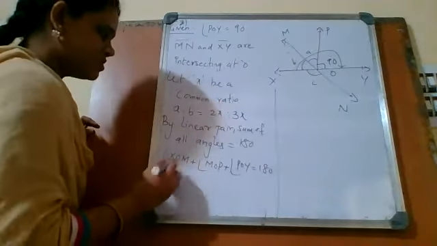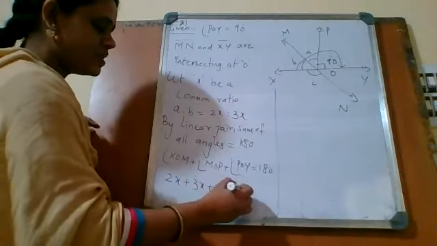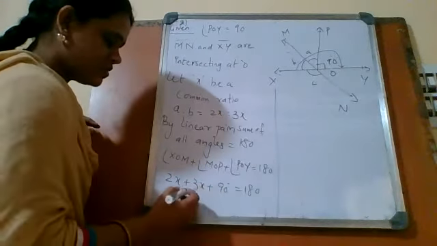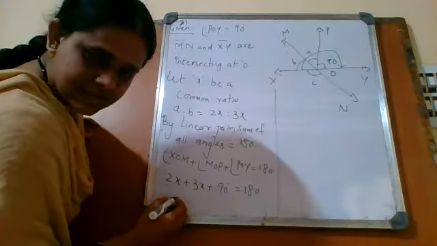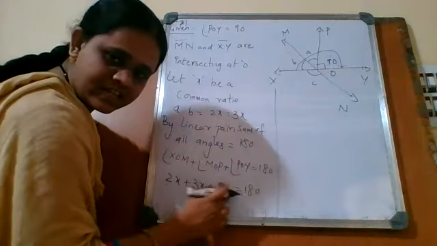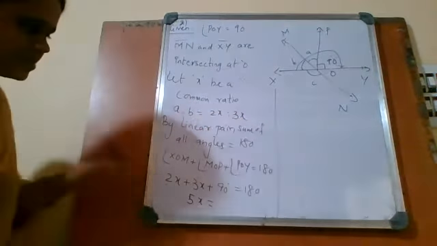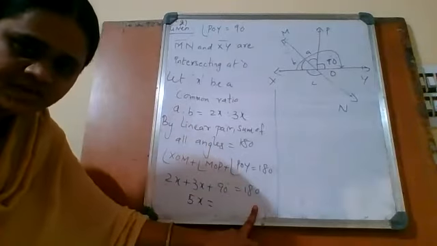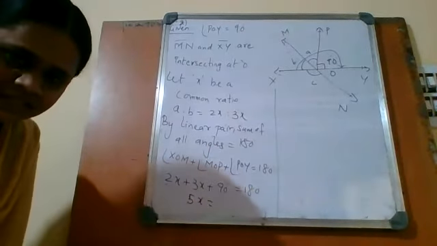Now this is how much? 2x plus 3x plus 90 should be equal to 180 degrees. 2x plus 3x is equal to 5x. Now how can you write this, 180 minus 90 or 90 minus 180? Anyone in the class? I want to shift 90 to the right side.